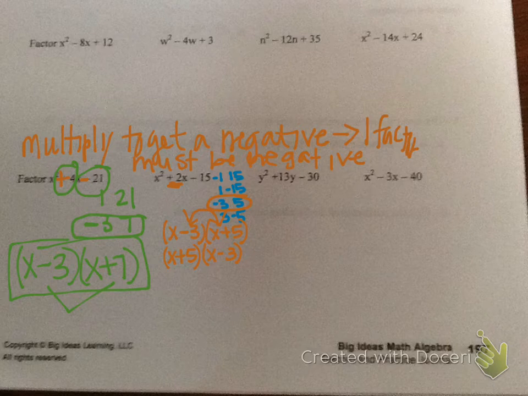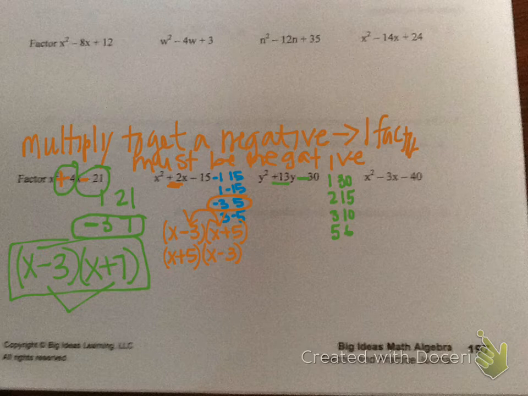Alright, on to the next one. 30 would be 1 and 30, 2 and 15, 3 and 10, 5 and 6. And so one of them has to be negative to get the multiplication piece to be negative, but I need a positive 13 when I add. So at first I would go to 3 and 10, but those would both have to be positive or negative to get 13.